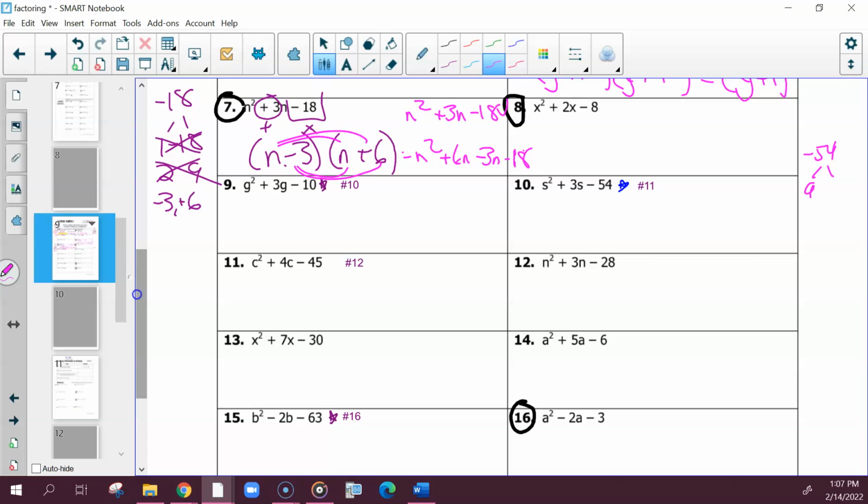Now there are others, but 9 and 6 are going to be the ones that work. If we make the smaller of the two negative, which is 6, positive 9 minus 6 would give us positive 3. So this would be x plus 9 and x minus 6.